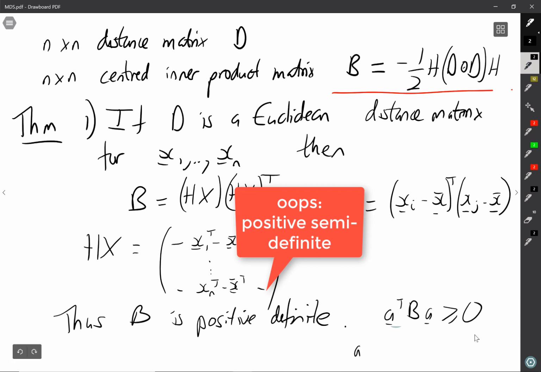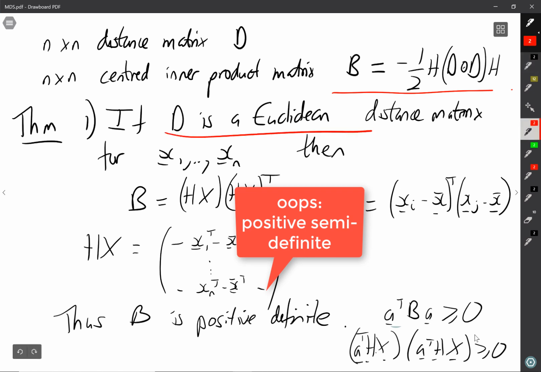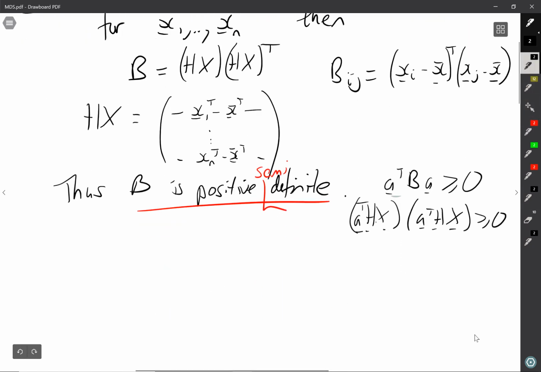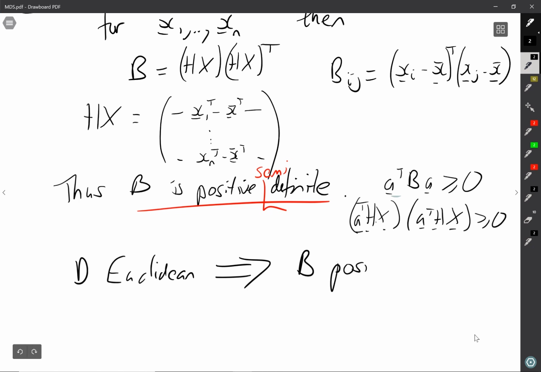Here this would be a transpose HX times its transpose, and if we work this out, it is the squared norm of X transpose H a, so it must obviously be bigger than or equal to 0. Sorry, I have a typo here: it should be positive semi-definite. So D Euclidean implies B is positive semi-definite.